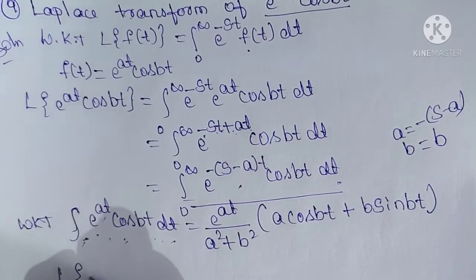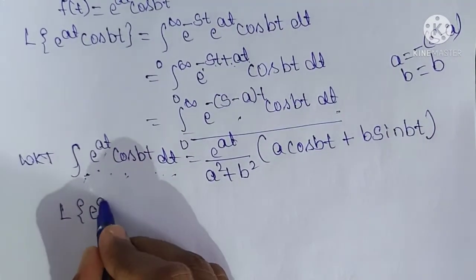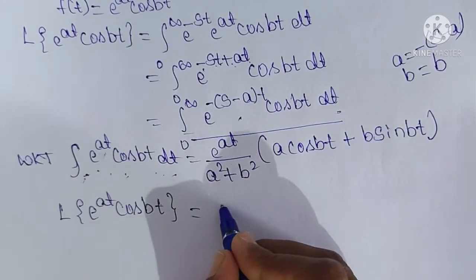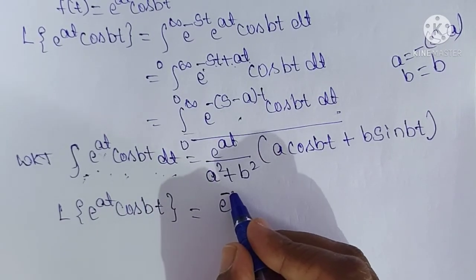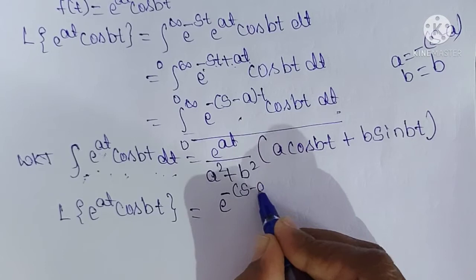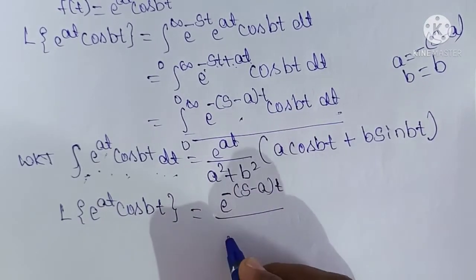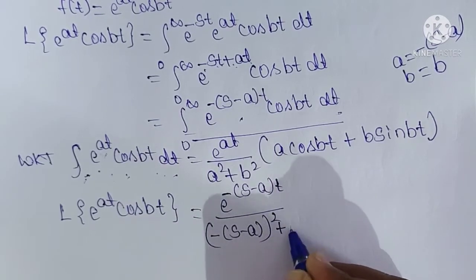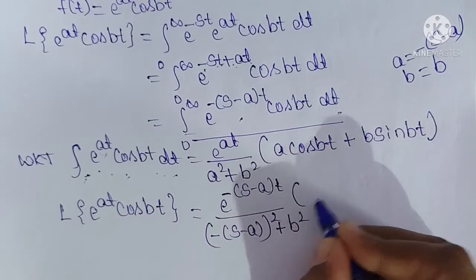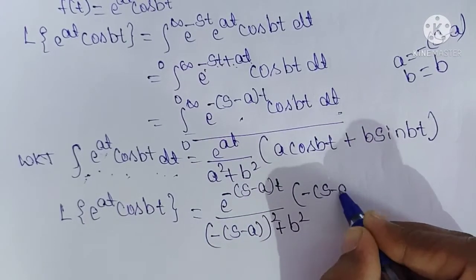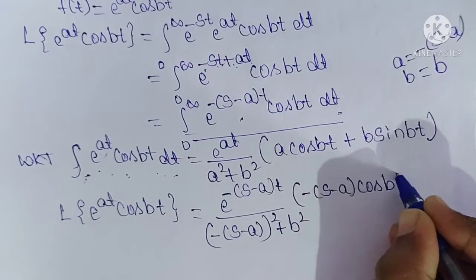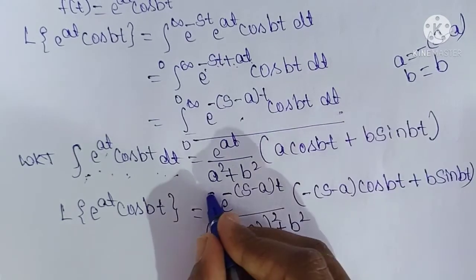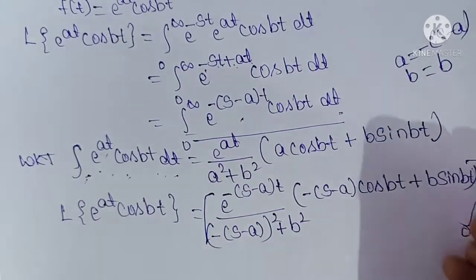We'll get L of e power at cos bt is equal to e power minus (s minus a) t as it is, divided by minus (s minus a) whole square plus, in place of b only, b square, into (minus (s minus a) cos bt plus b sin bt), limits 0 to infinity.